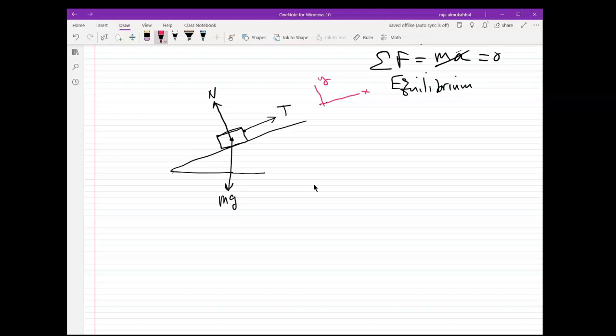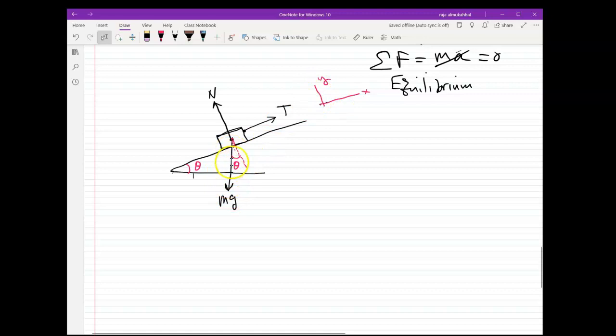So I have here this angle right here. This angle right here is actually equal to this angle. You can pause the video and try to convince yourself of that. It's basically basic geometry. Anyway, what I want to do now is resolve mg into x and y components, because n is already in the y direction, T is in the x direction, as you can see from the datum that I have created here.